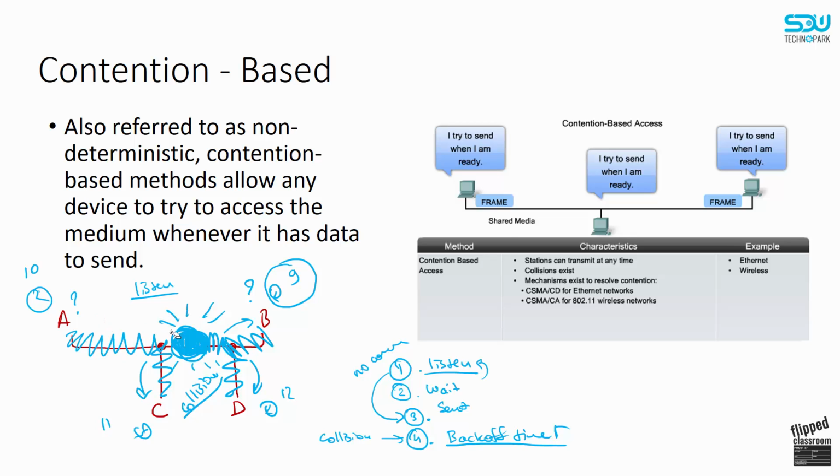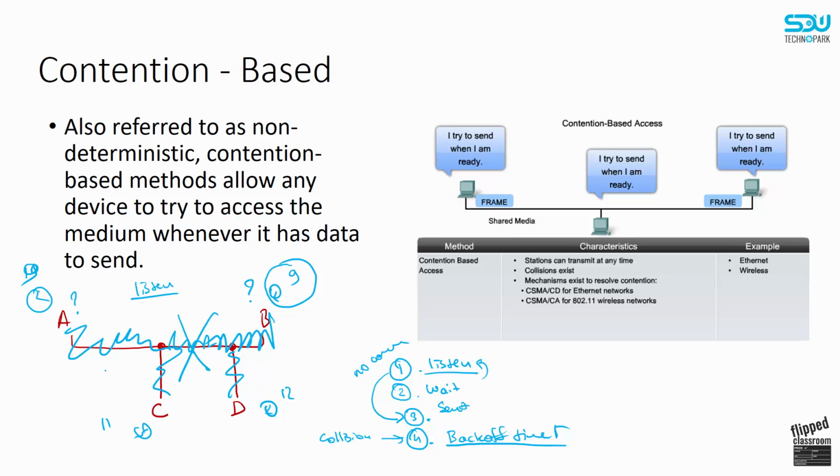And when it listens one more time, if there are no other communications inside this media, then computer B will send the information. But there is no guarantee that they will not get 9 and 9. If they get 9 and 9, they will listen to the media and send information one more time, and here will be boom one more time, and this algorithm will start to work again.